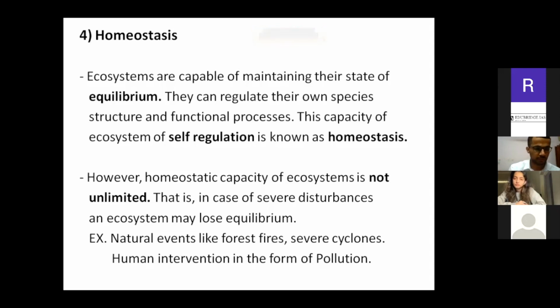Right? Next point. In some ecotones, the number of species and the population density of some species is much greater than the adjacent ecosystems.